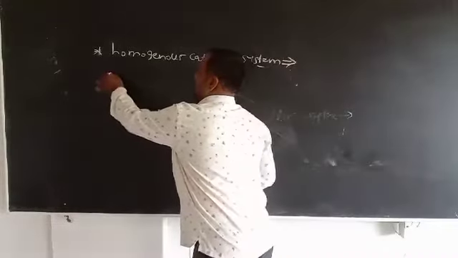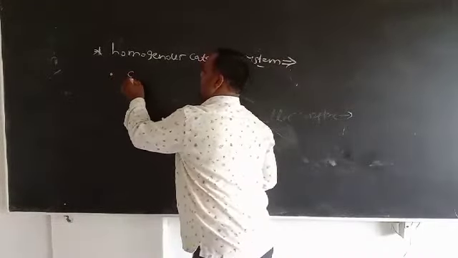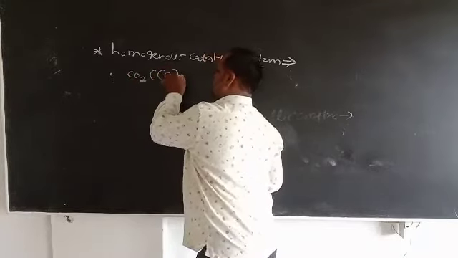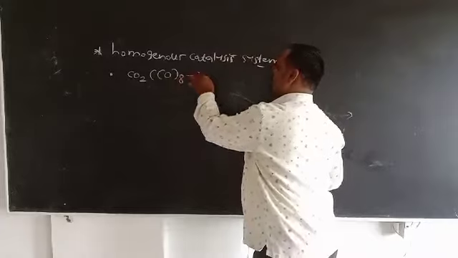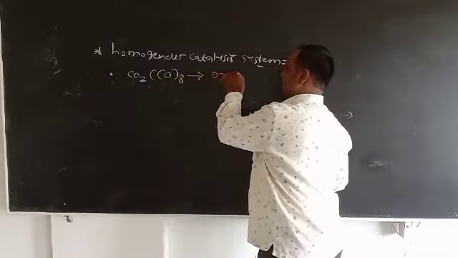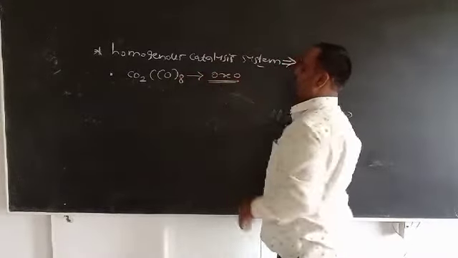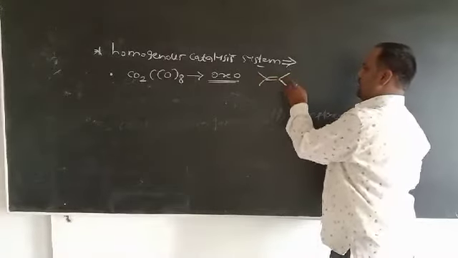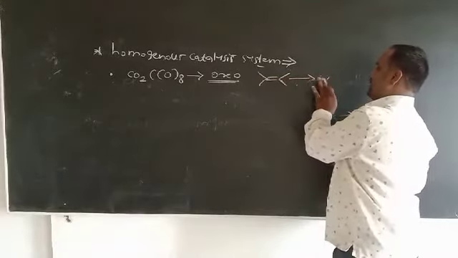The second example is the cobalt complex, dicobalt octacarbonyl. It is used for the oxo process, the conversion of alkenes into aldehydes.